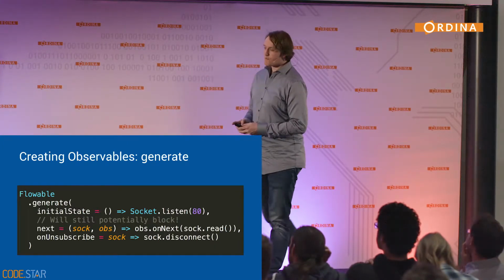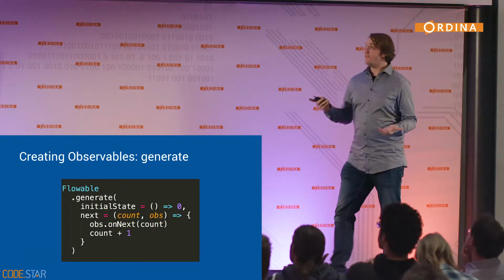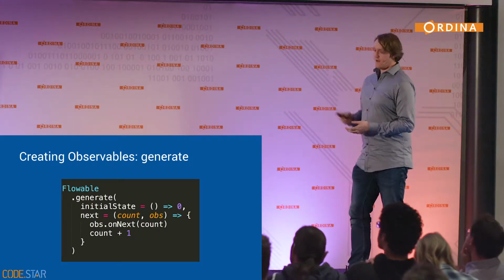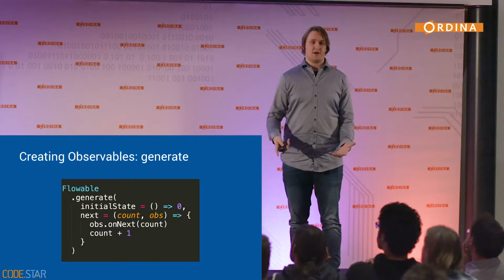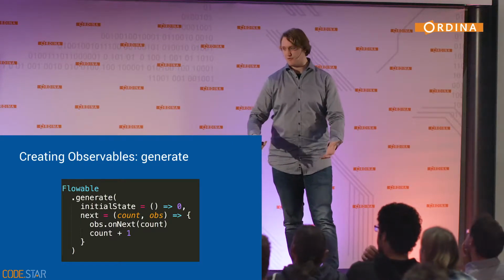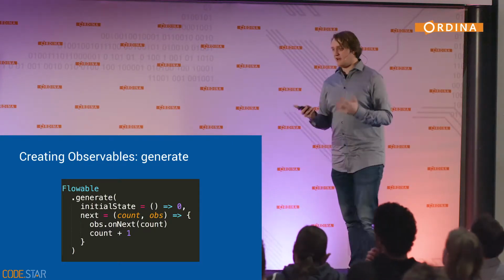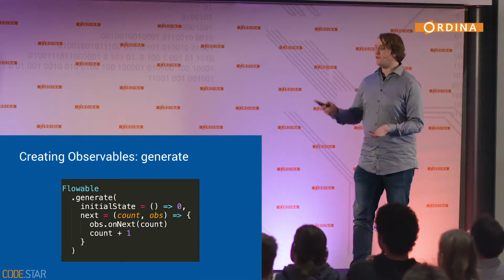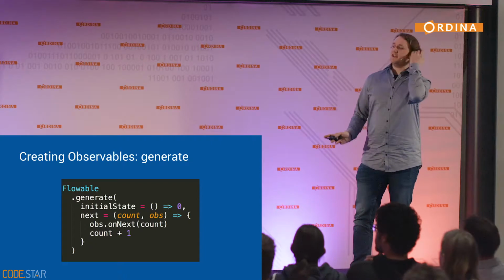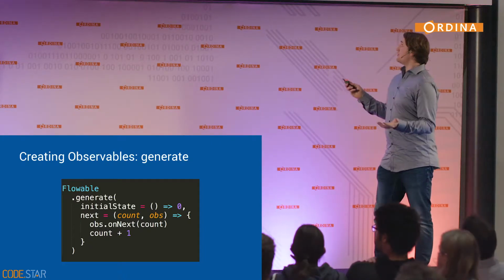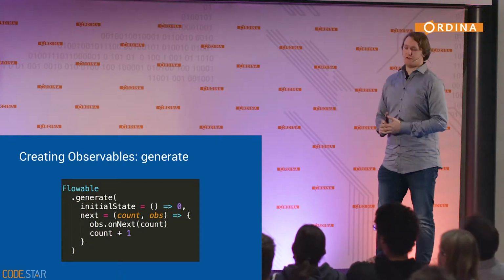generate method. In the generate method, you can create a function that will get called every time a new subscriber wants data from you. And in that factory method, you can set up whatever you want. In this case, we open a new socket and pass that on.